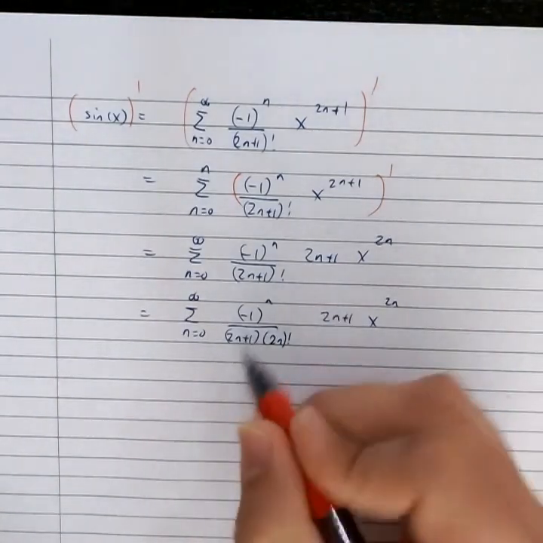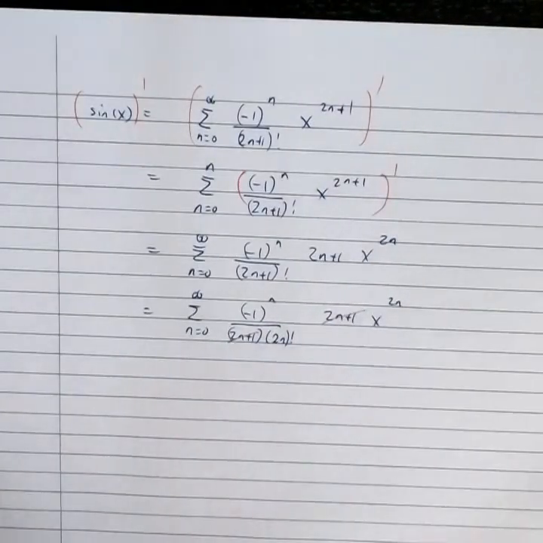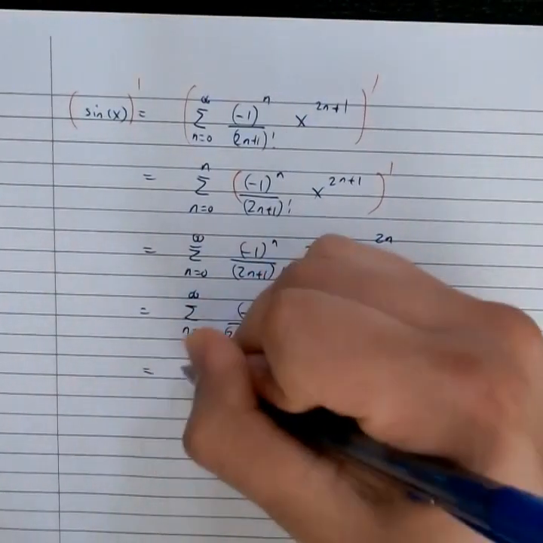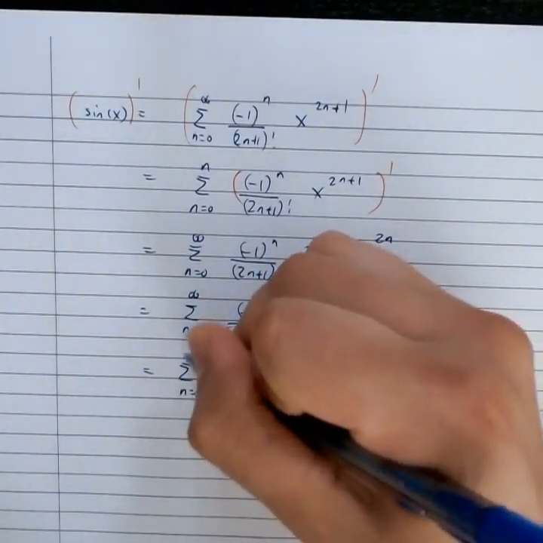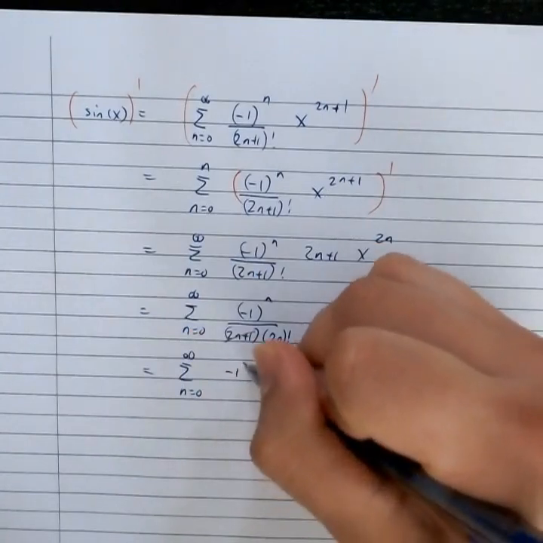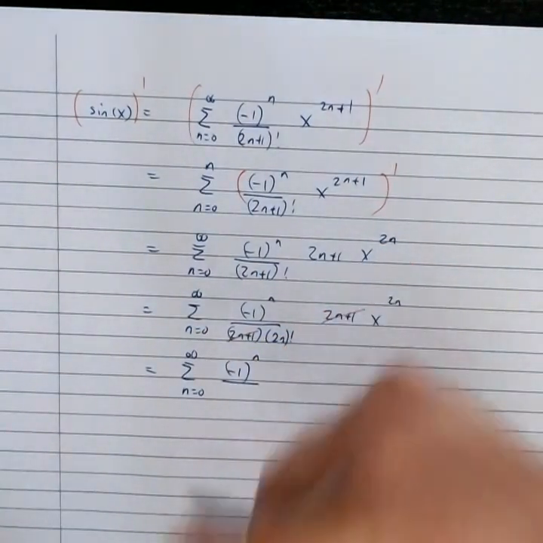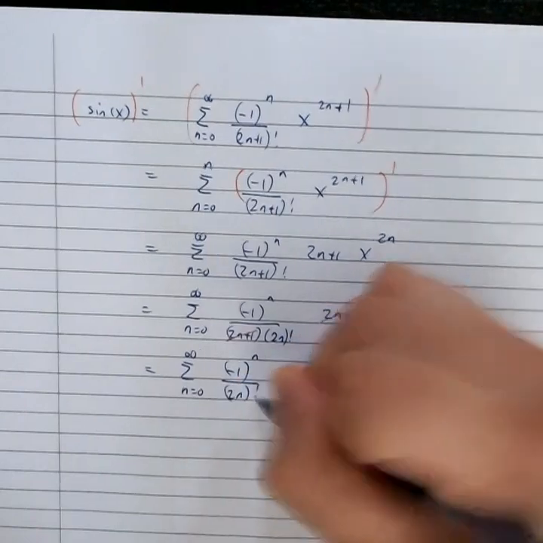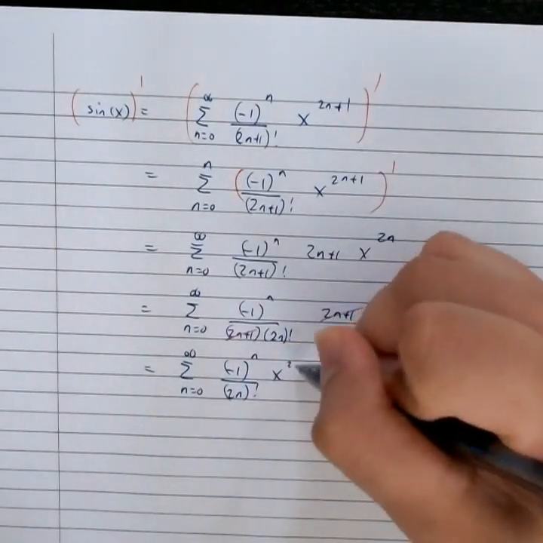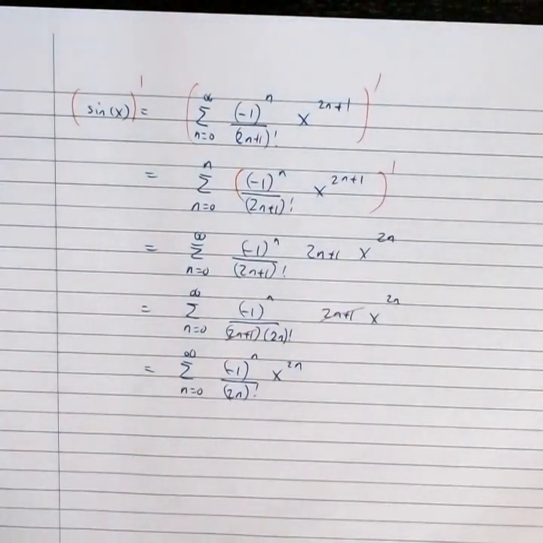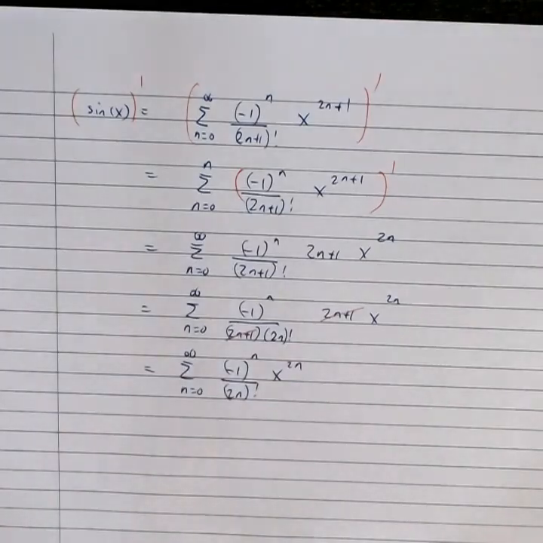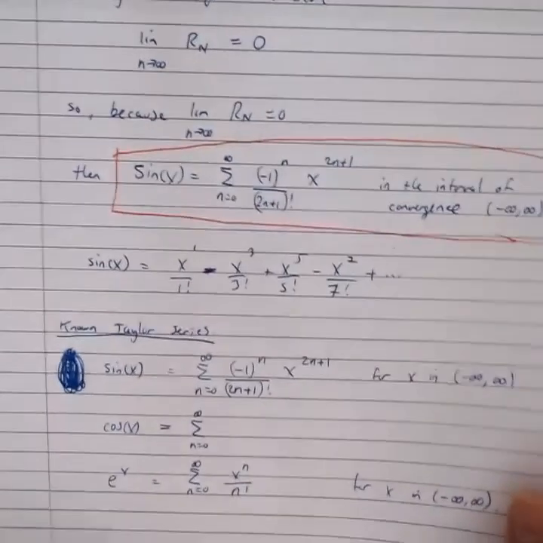But now these divide out, gone and gone, and we're left with the sum as n goes from 0 to infinity of minus 1 to the power of n over 2n factorial times x to the power 2n. And this is our Taylor series for the derivative of the sine of x. Or in other words, it's the Taylor series for the cosine of x.